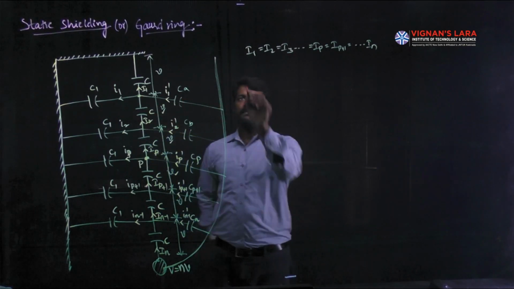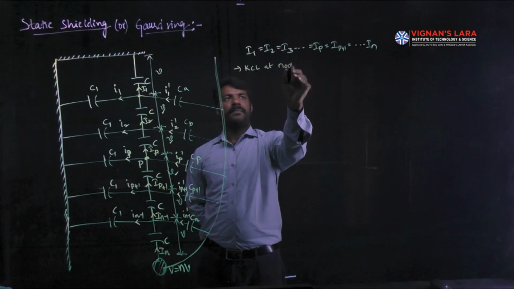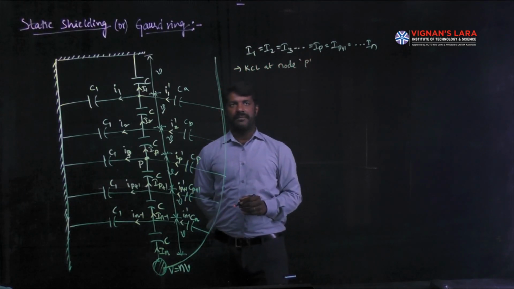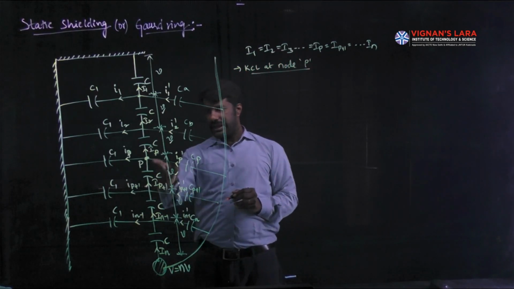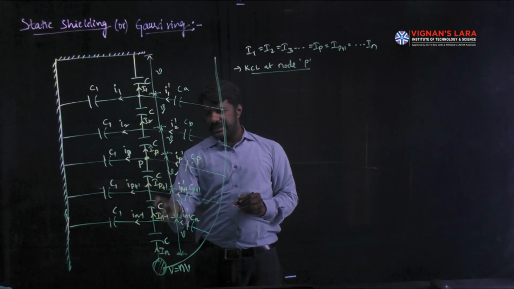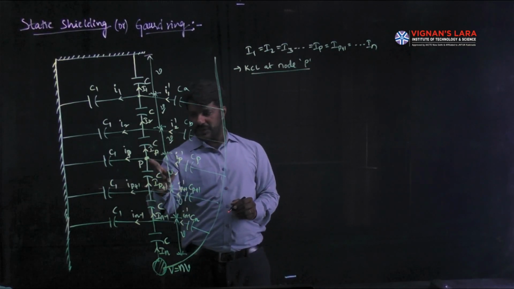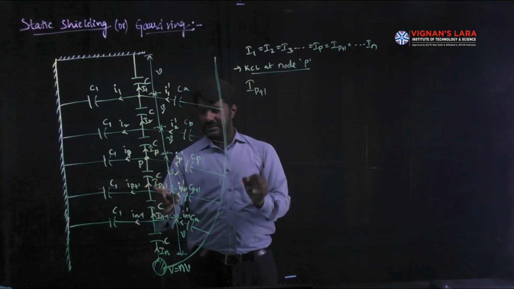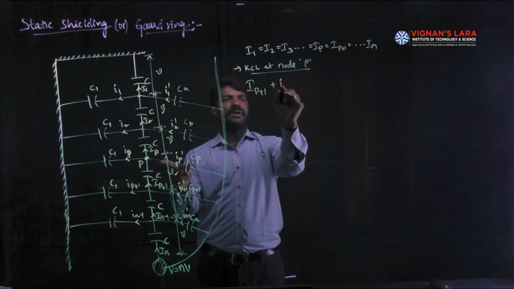Let me analyze by writing the KCL at node P for getting exact magnitudes. So at node P, what is the KCL? At node P, KCL says the sum of incoming currents is equal to the sum of leaving currents. The incoming currents towards this node are IP plus 1 and one more current that is passing, IP dash.